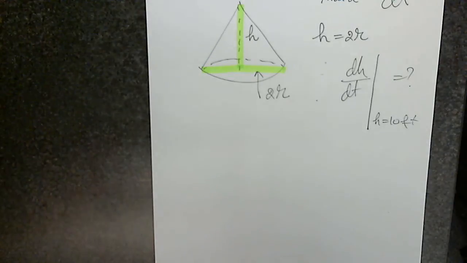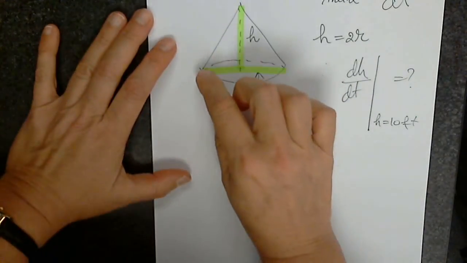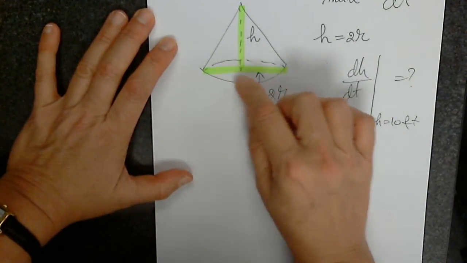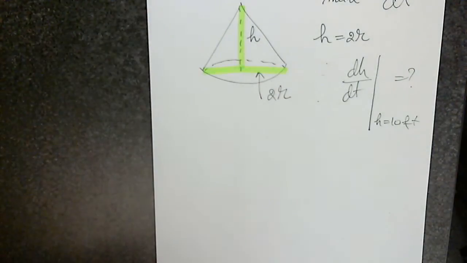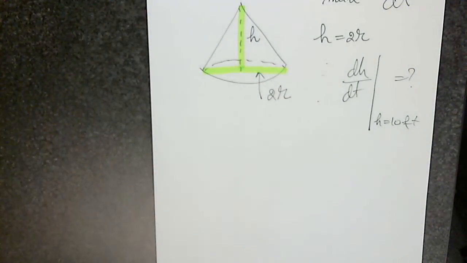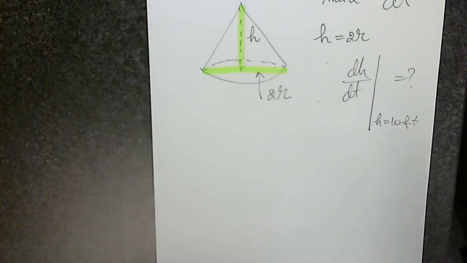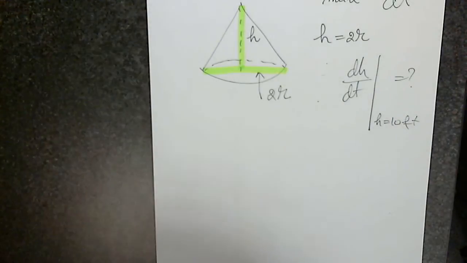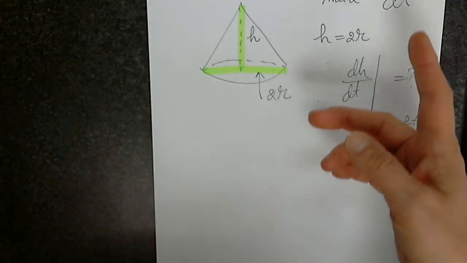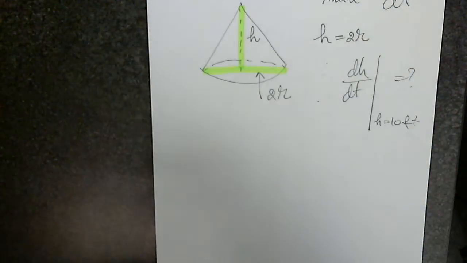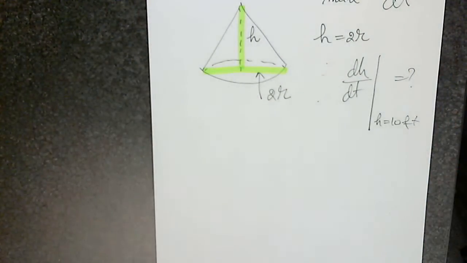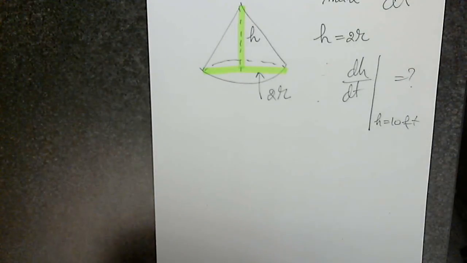We are creating this cone. We know that the base diameter and the height will always be the same. And we know that the height is increasing, the diameter is increasing, but they increase at the same rate. And the volume is increasing at 30 cubic feet per minute. We're asked to find how fast the height is increasing at a particular instant.